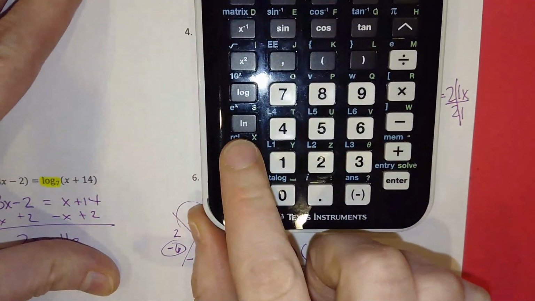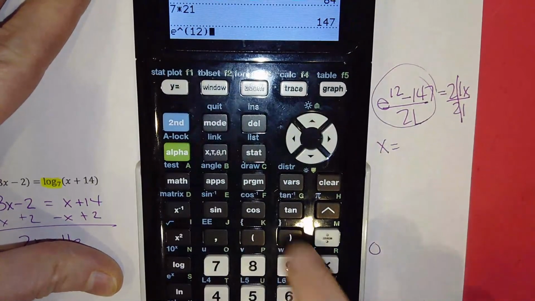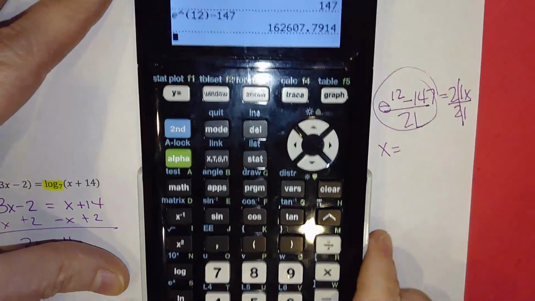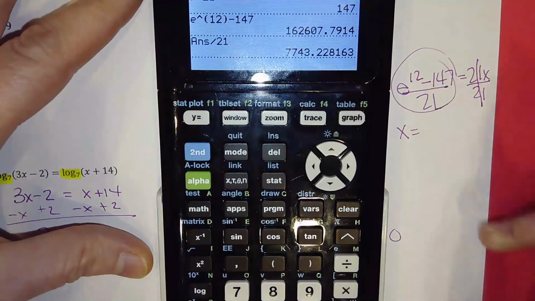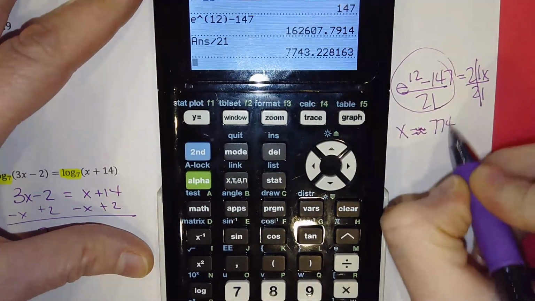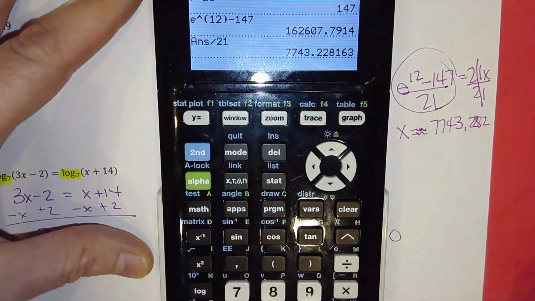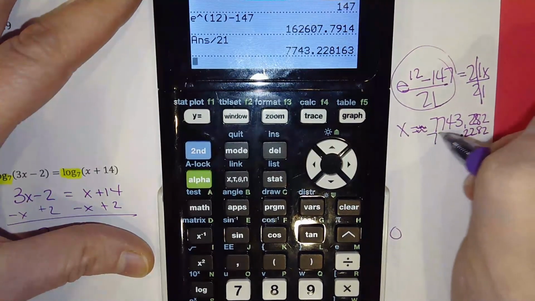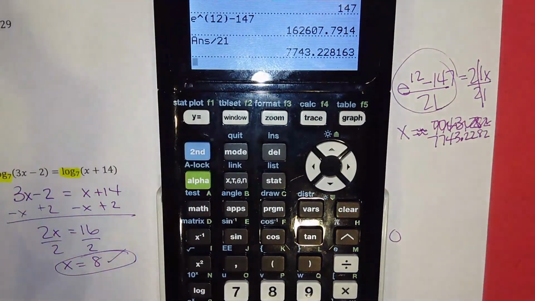Natural log is all the way down here, e to the x, 12, parenthesis, close it, minus 147, enter, and then I'm going to divide that by 21. So my approximate answer is going to be 7743.2282. Alright, make sure you round to 4 decimal places.